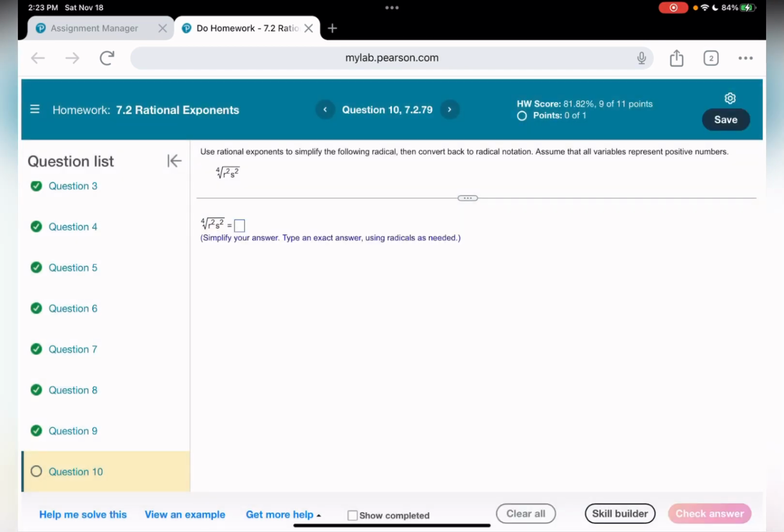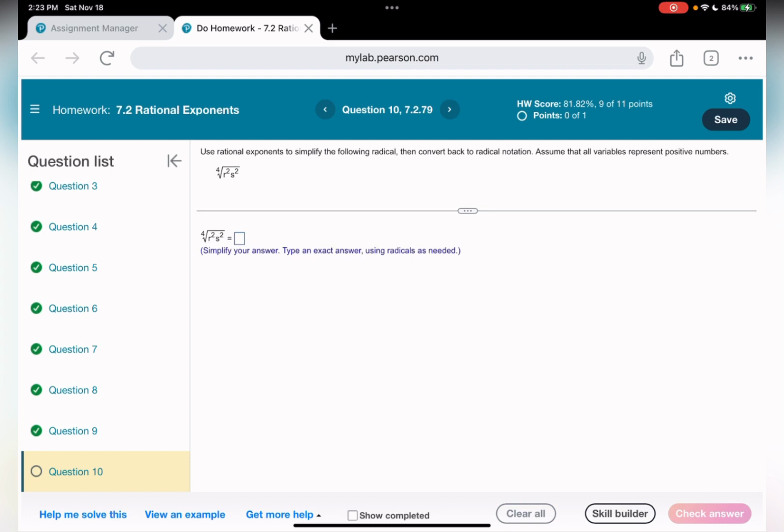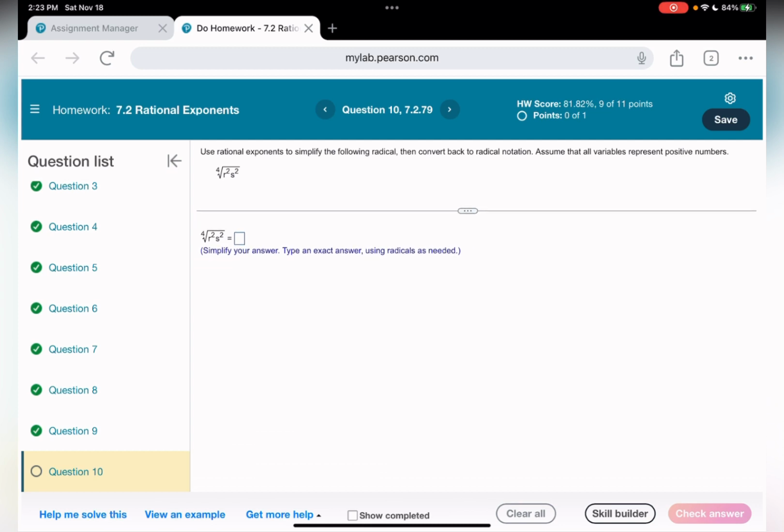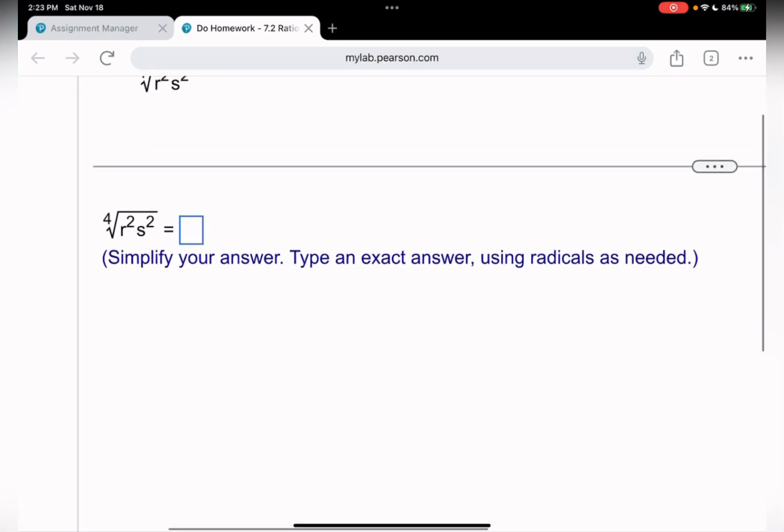Number 10, what do we have here? So radical degree 4, r squared and s squared. Okay, so r squared, 2 divided by 4, we get 1/2.